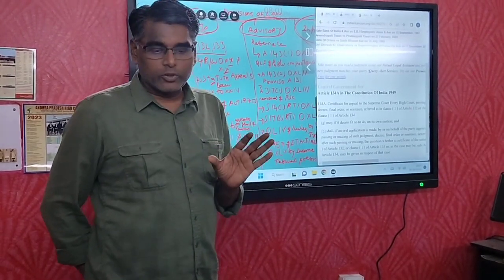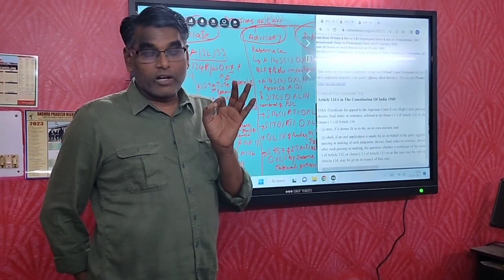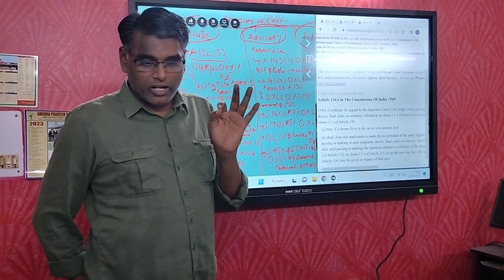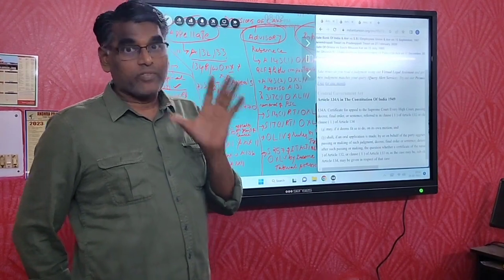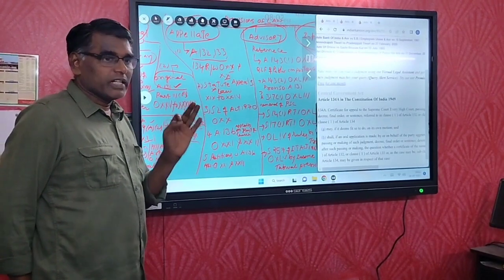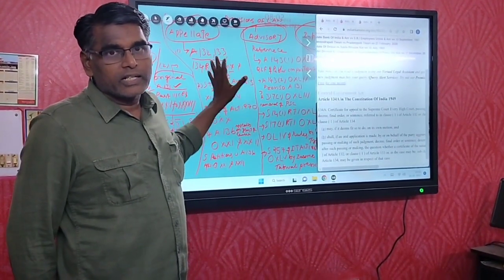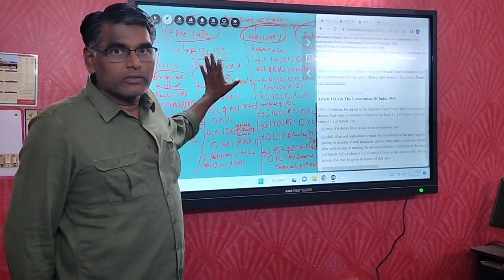Take 132, what does the provision say? There must be involvement of a substantial question of law as to the interpretation of the Constitution. If that question of law is there, and any judgment, decree or order is passed by any High Court, an appeal is provided under this article to the Supreme Court. That is one.